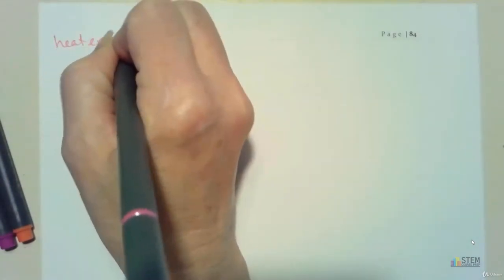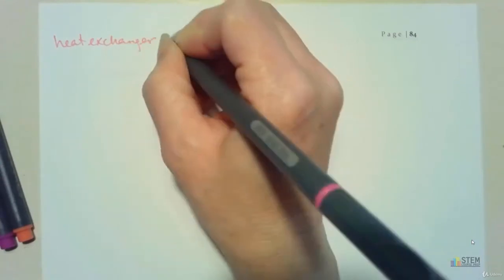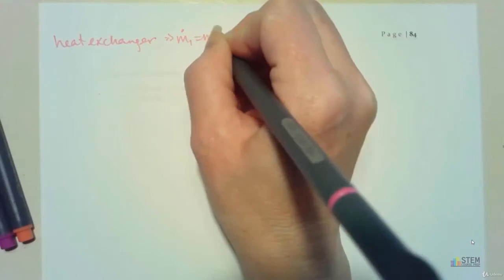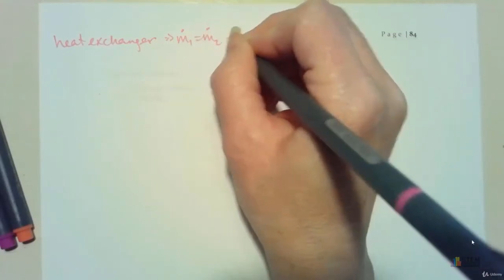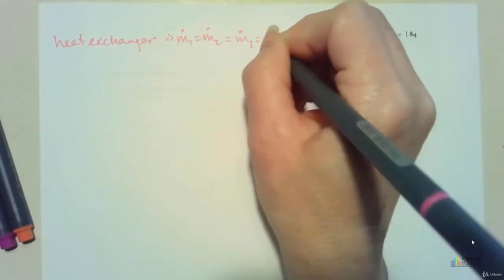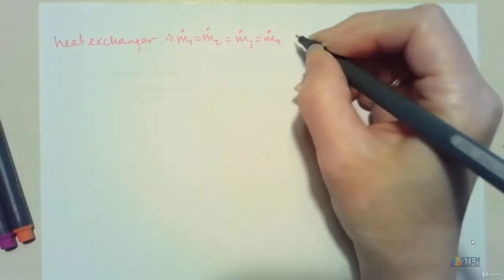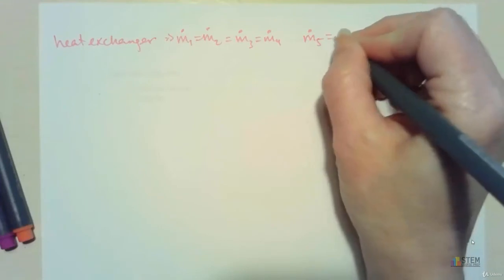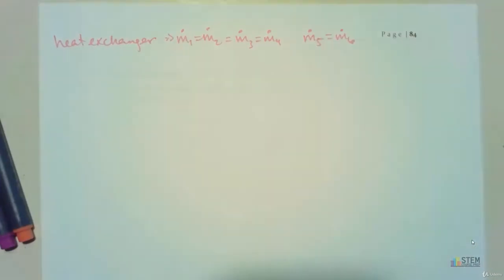So let's put on here, we've got the heat exchanger. This is still steady state. So M1 dot, remember, is M2 dot. And then that's got to be M3 dot, which has to be M4 dot. And then on the bottom side of the heat exchanger, we've got M5 dot, which is going to have to be equal to M6 dot. So now we've got all of that information.